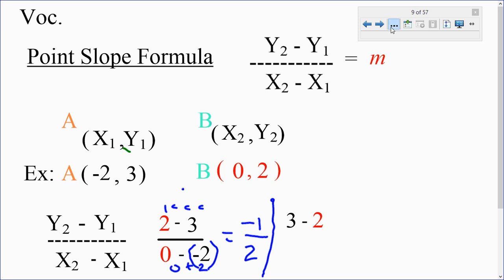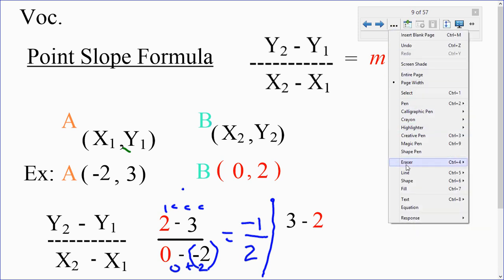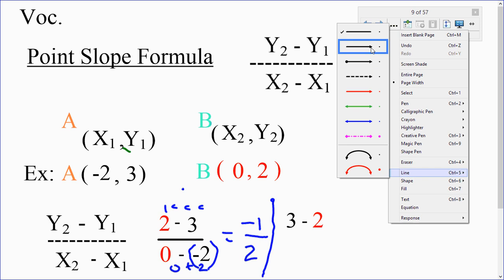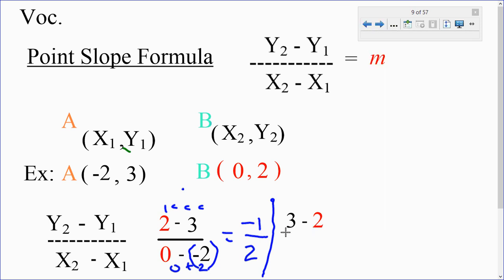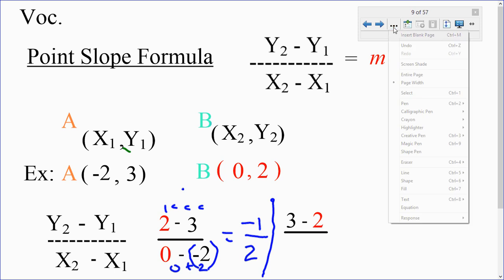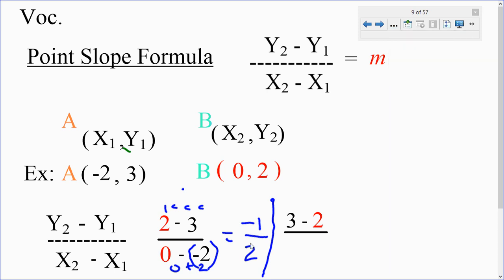And let me get my line. Select. And now let me get the values of my coordinates. So I started with this one because this was my first coordinate before, so I'm now making it my second coordinate.